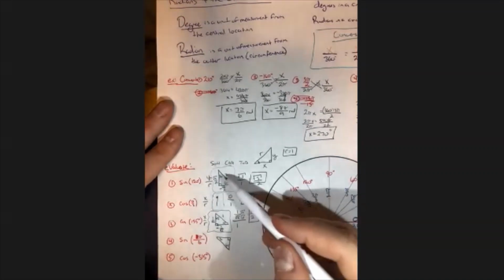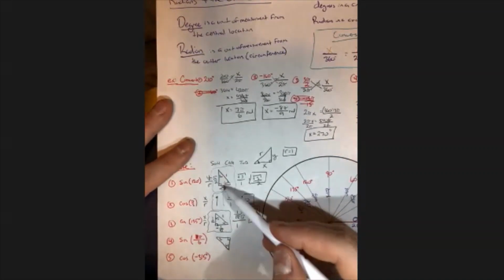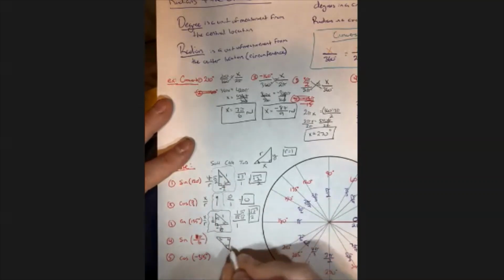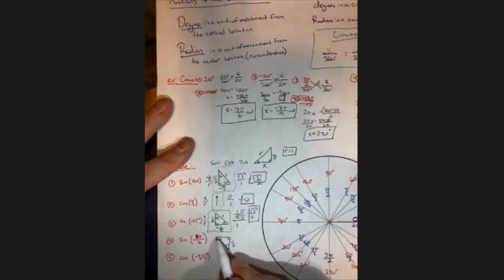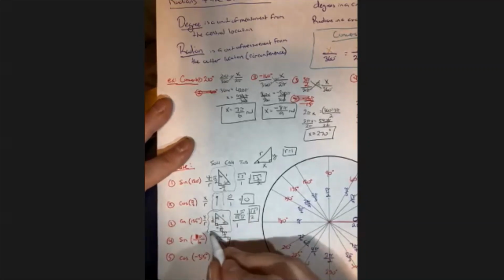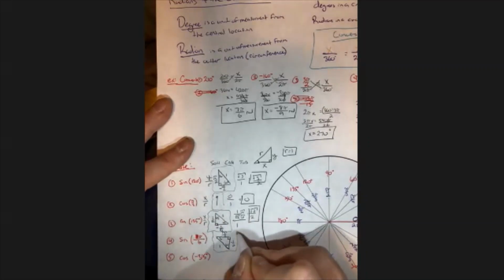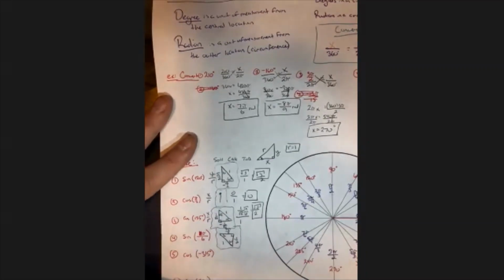And so I'm looking at this triangle again. Opposite the 30 is the 1/2, except in this case, because it's going down, it's negative 1/2. This is positive. So square root of 3 over 2. My radius is still a 1. I don't know if you can see that. I think I better zoom in.